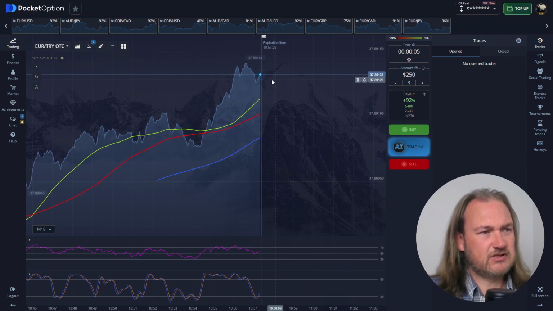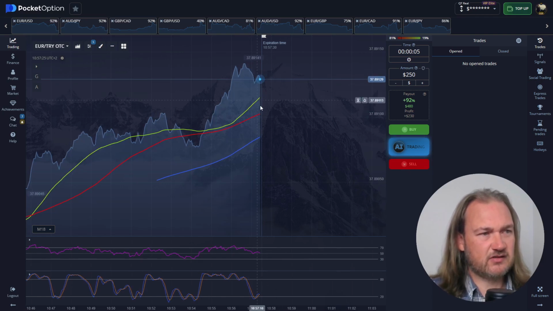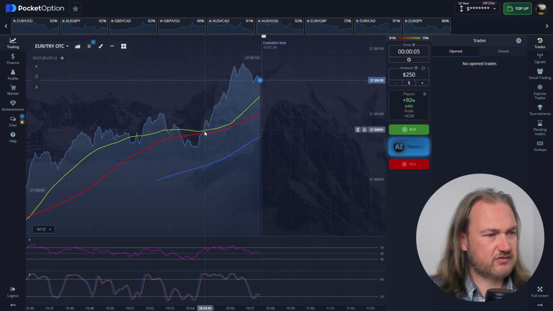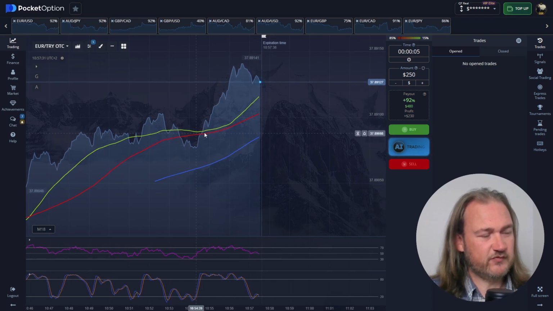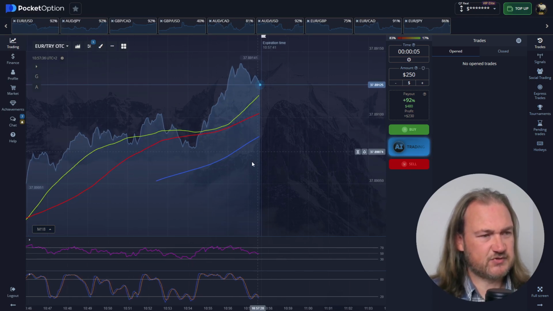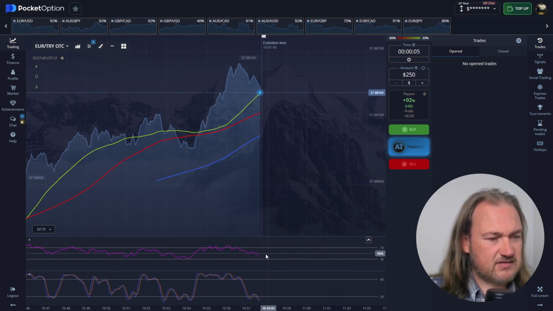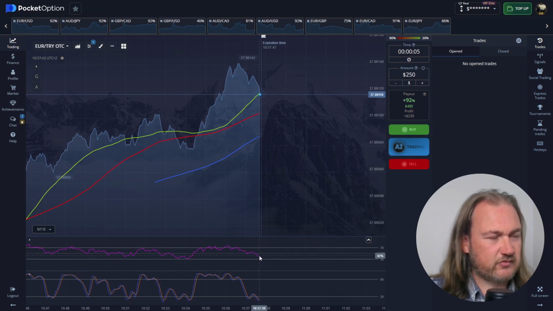So now I'll just wait a bit and see what this does. I would love it if this comes down to the moving averages and starts doing the same thing. As you can see, my moving averages are all pointing upwards. None of them looks like they're going to be crossing any time soon. Notice how the RSI is hitting, okay, now it's pulled through.